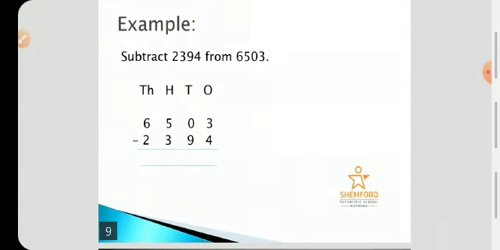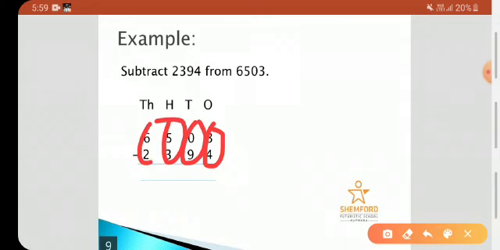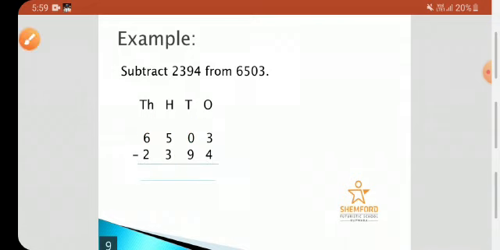Now third example, subtract 2394 from 6503. Same steps. First we will subtract ones, then tens, then hundreds, and then thousands.